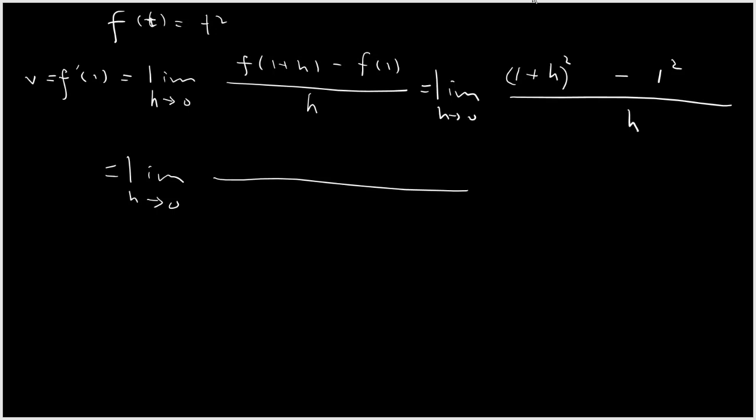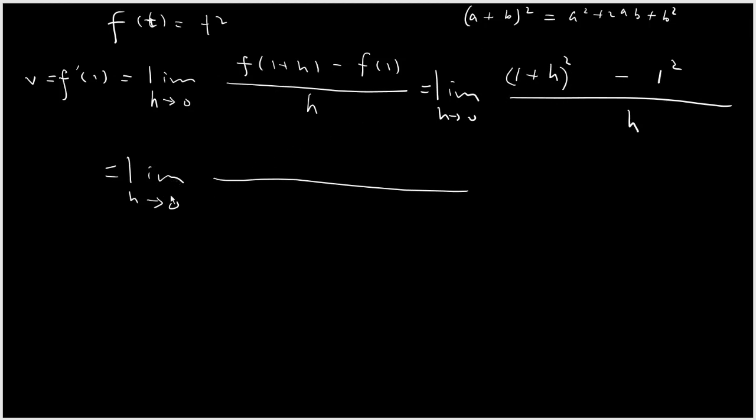I say that because I want you to recall one of the formulas. I need to multiply out 1 plus h, the whole thing squared. I want you to recall the formula a plus b, the whole thing squared. If you want to multiply them out, you'll have a squared, and then plus 2ab, right? And then plus b squared. That's a formula I need to use in this particular case.